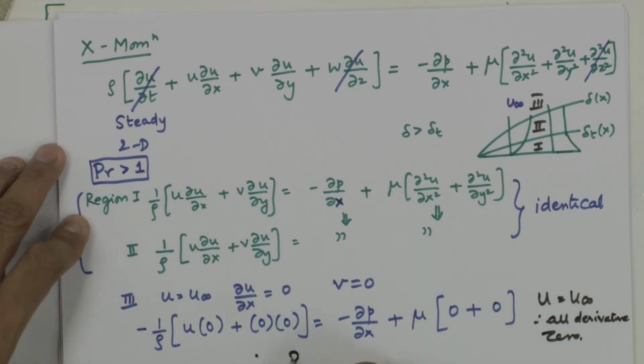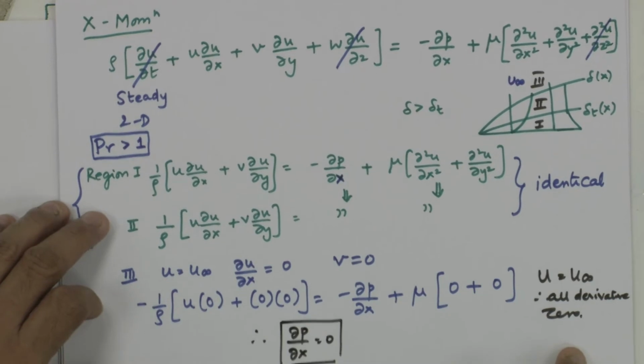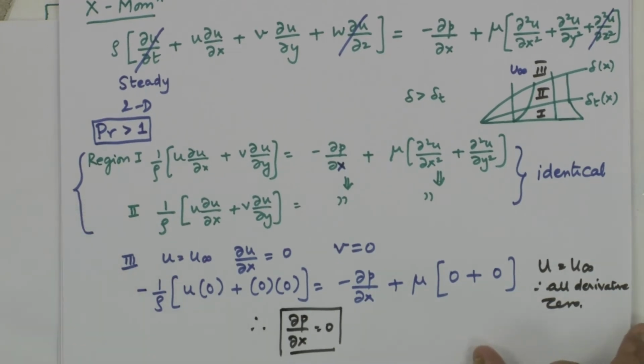This gives me dp by dx is equal to 0, and this result becomes very useful later on. Okay. So, I would not go and solve the entire Navier-Stokes equation for the whole flow field. I will just solve it from 0 to delta and make use of my understanding that u equal to u infinity and just get dp by dx equal to 0.